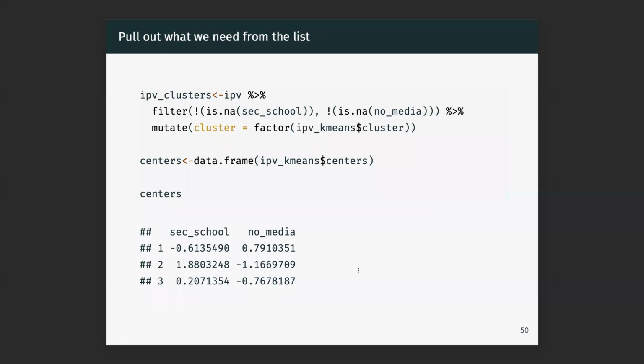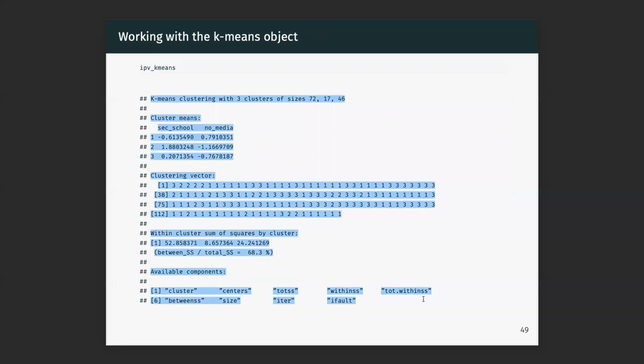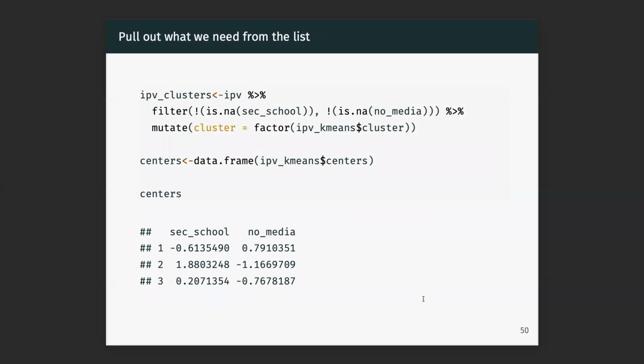So this is technically a list object. A list is a special kind of object in R. A data frame is technically a list, but a list can contain lots of different elements of any type, right? So a list is a big object, and we can put whatever we want in a list. And so in this case, I want to pull out a couple of elements so that I can plot them.